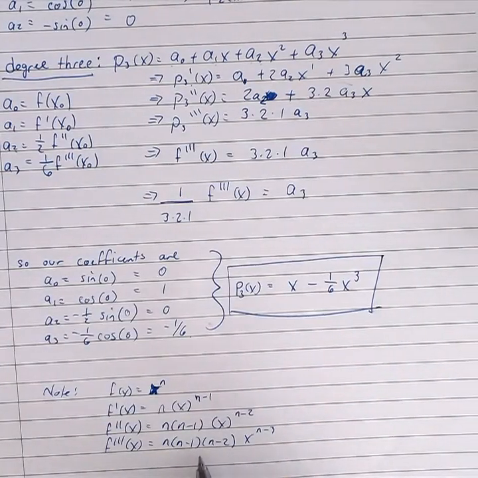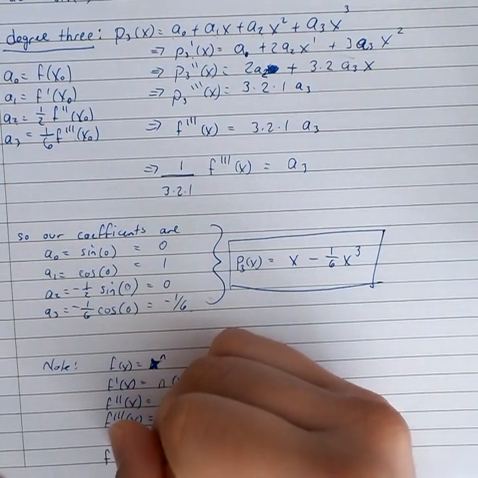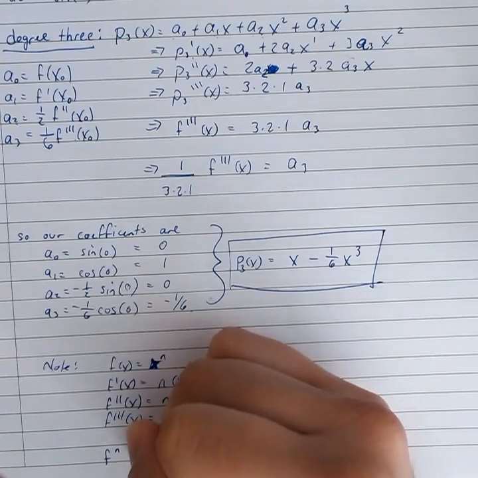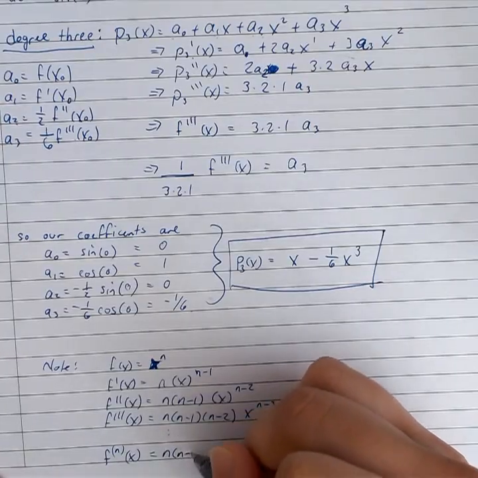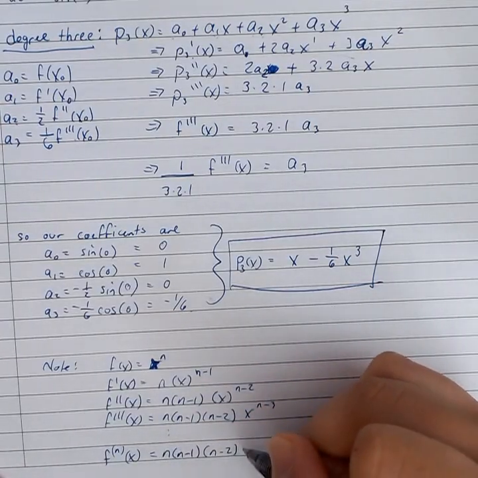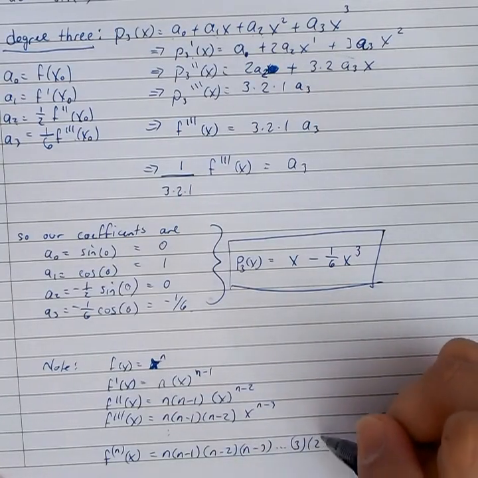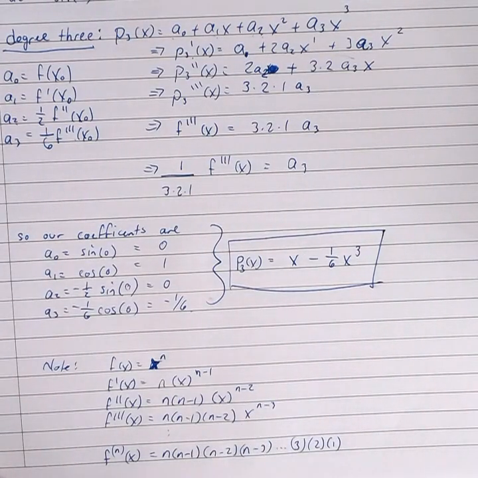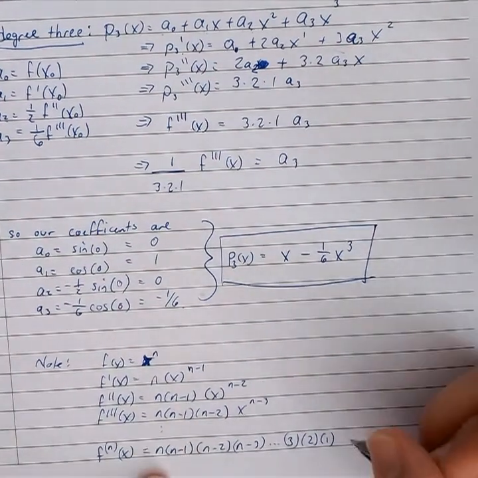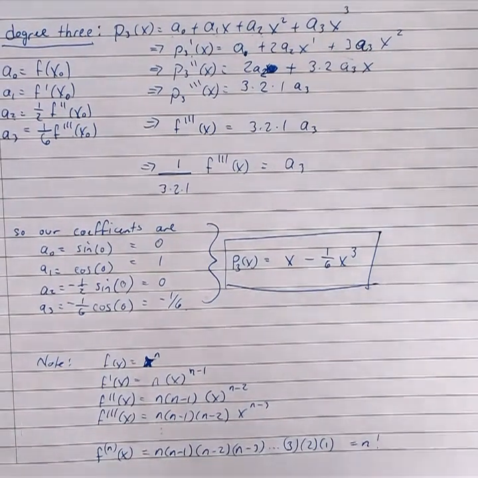Notice, here I'm just starting from n and counting down. Until eventually, if I take the nth derivative of f, I'm going to end up with n times n minus 1 times n minus 2 times n minus 3, dot, dot, dot, all the way down till I get to 3, and then 2, and then 1. And then that very last one, this x disappears on me. So here, that's going to give me n factorial. Just like this.